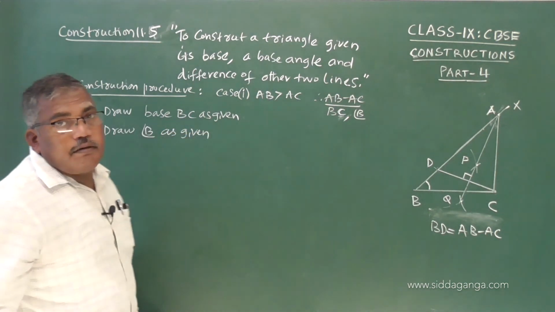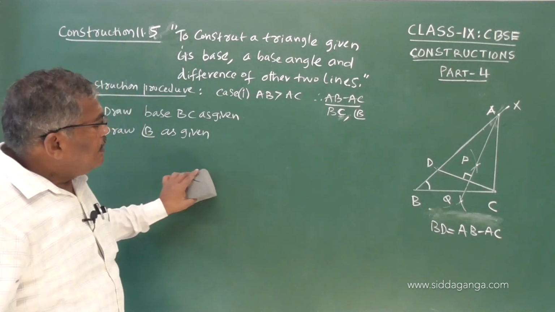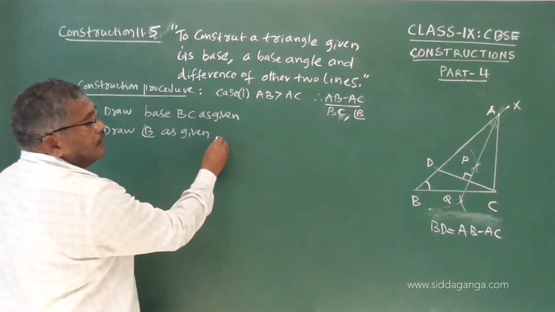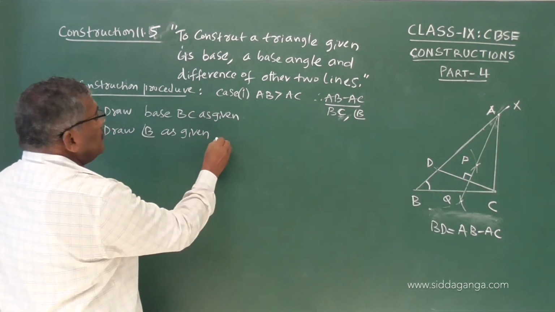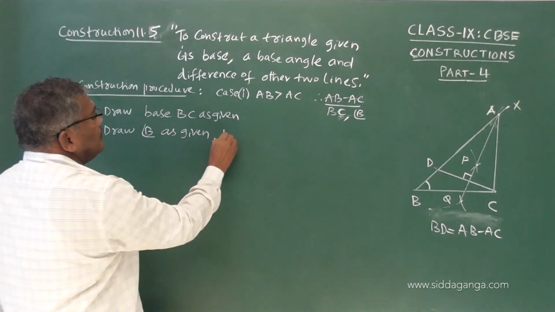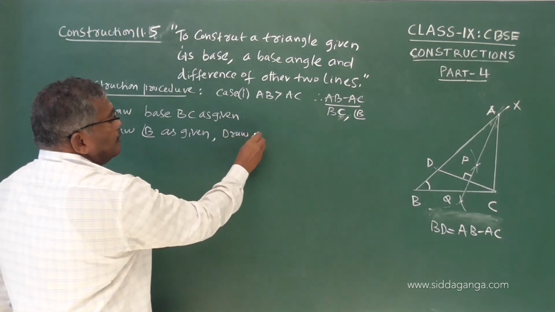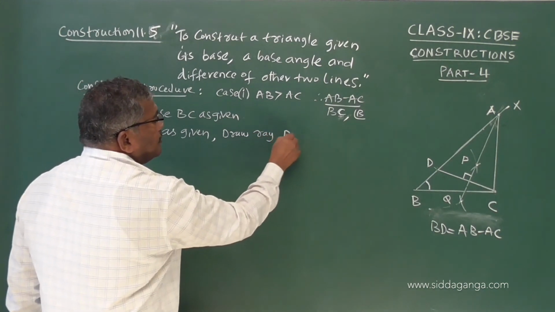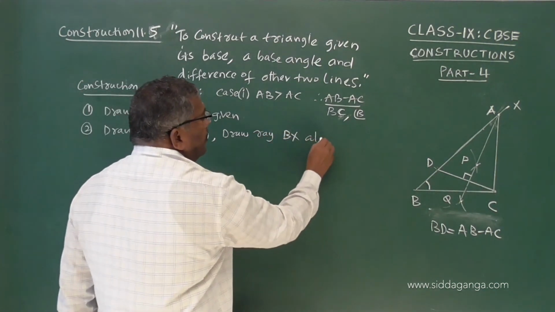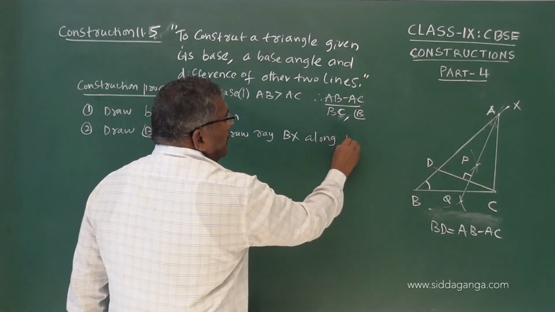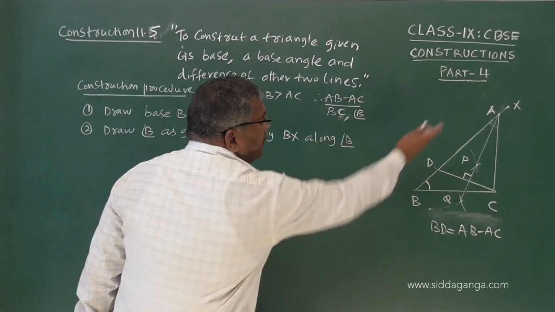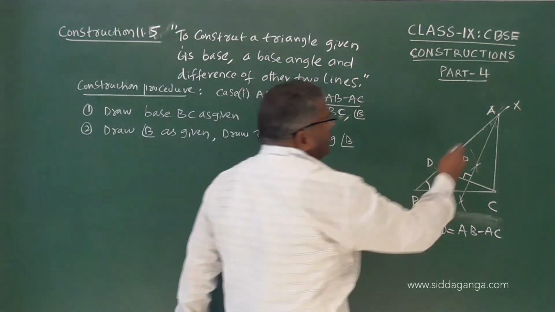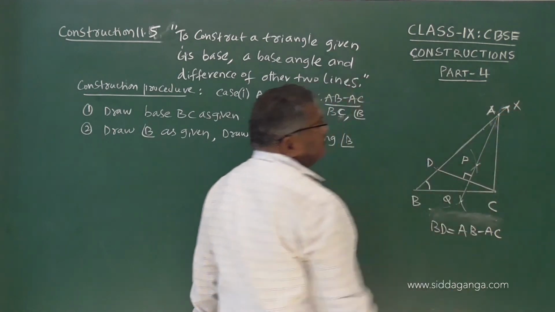Whatever angle is given, 45 degrees, 30 degrees, you have to draw that line as given. Draw the ray BX along angle B. So angle B line you draw and get this ray BX.